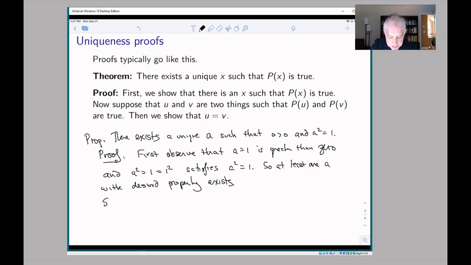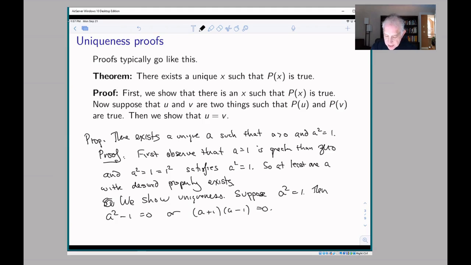Now we're going to show uniqueness. So suppose a squared equals 1. Then a squared minus 1 equals 0, or a plus 1 times a minus 1 equals 0.